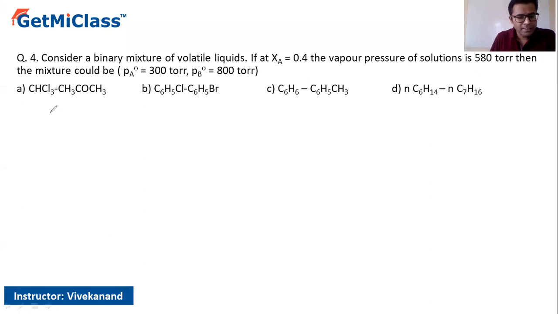let's consider the entire scenario over here as PS, that is the vapor pressure of a solution, is equal to P naught of A into chi of A plus P naught of B into chi of B. Okay, let's take this into consideration. Now, PS, that is the calculated one, right?